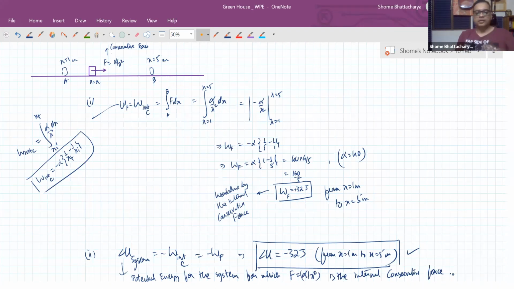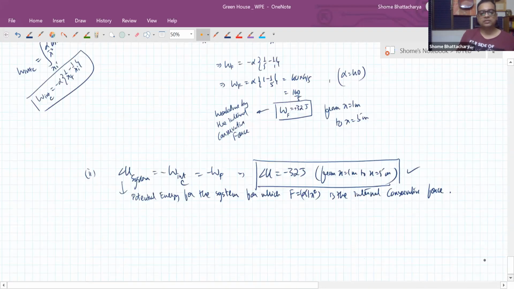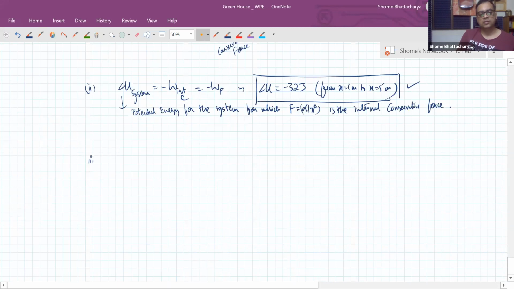Okay. And now the third part of the question, you want to find the general formula for potential energy. So we can use this, that delta U is negative of F dx.